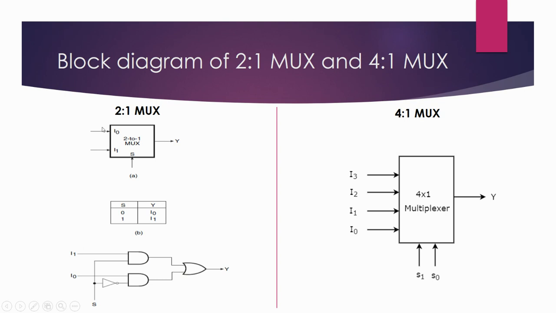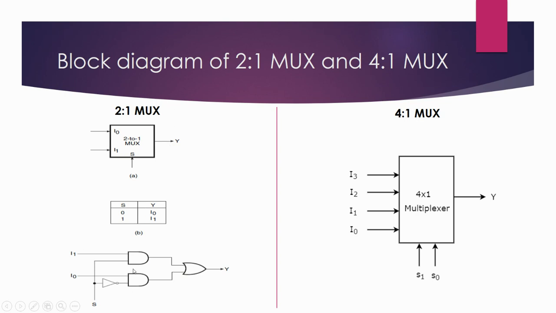So if two inputs are there, one select line will be there and one output. When the select line is 0, the first input will be the output. When the select line is 1, the second input will be the output.